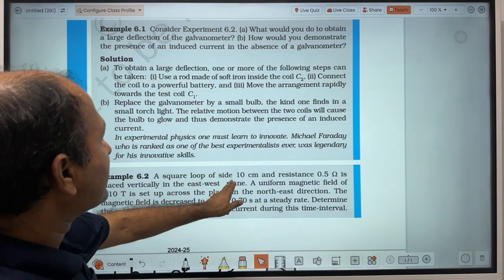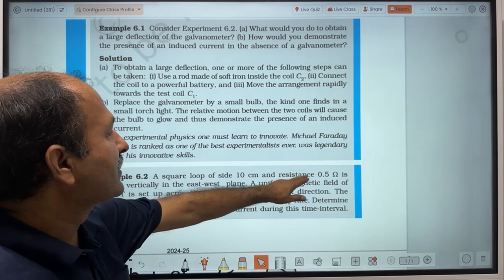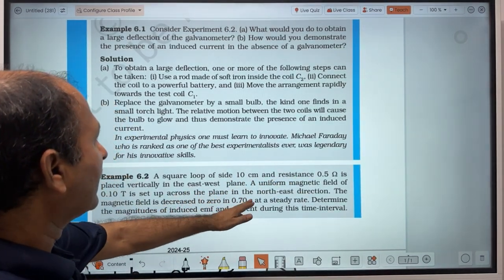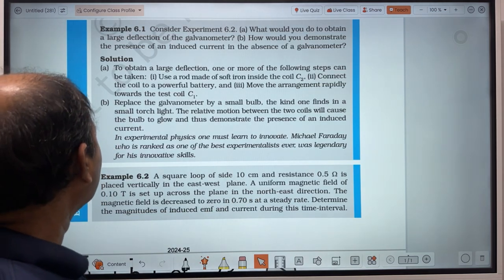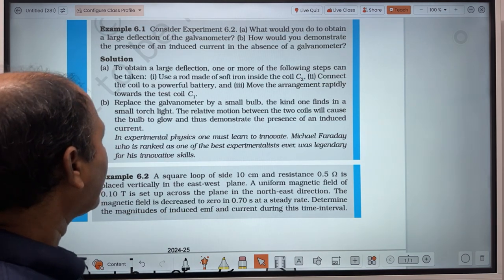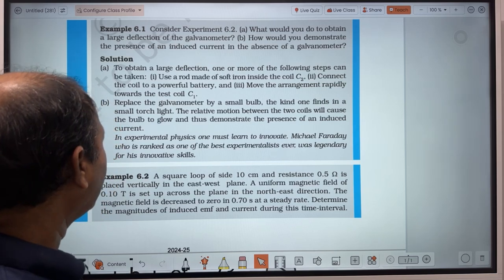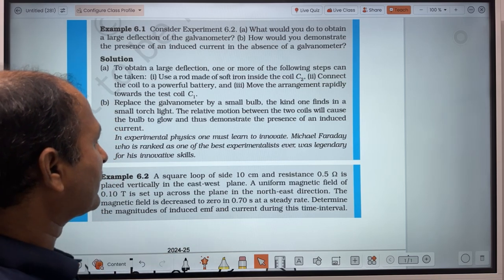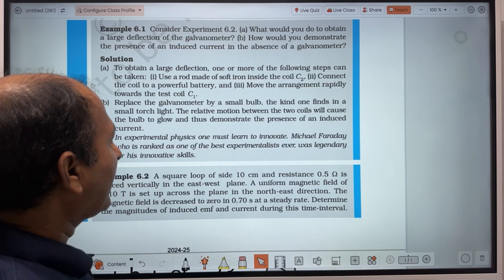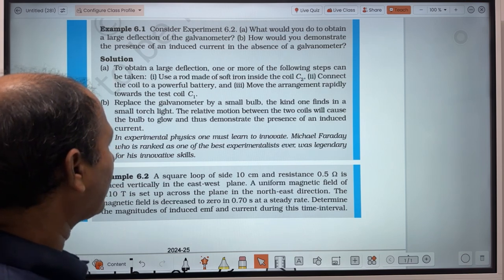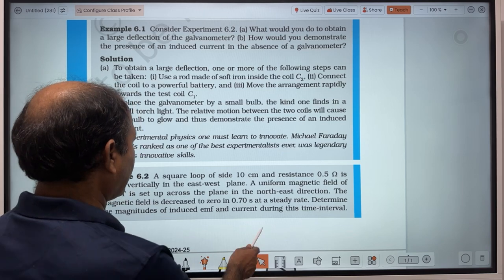Question says a square loop of side 10 cm and resistance of 0.5 ohm is placed vertically in the east-west plane. A uniform magnetic field B of 0.1 Tesla is set up across the plane in the northeast direction. The magnetic field is decreased to 0 in 0.7 seconds at a steady rate. Determine the magnitude of induced EMF and current during this interval.